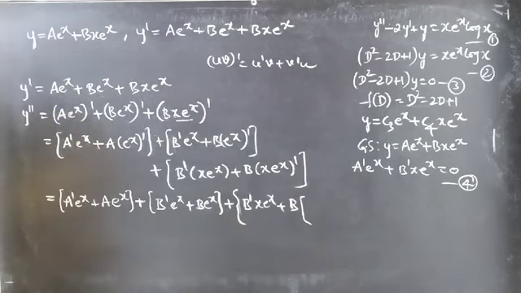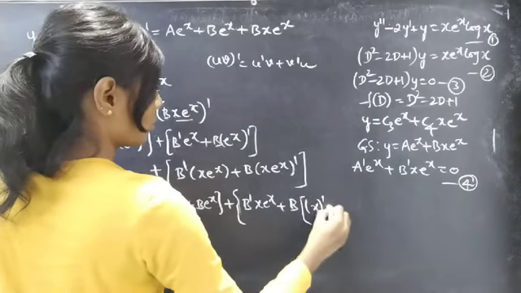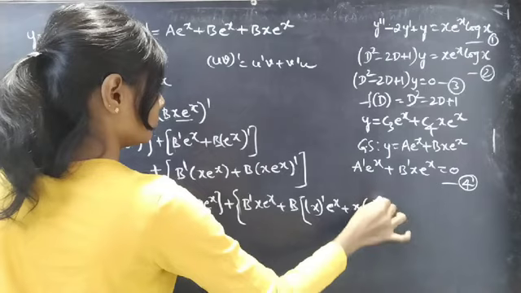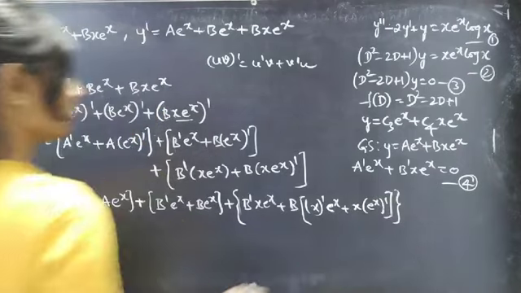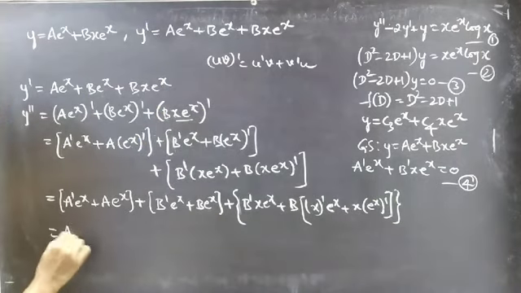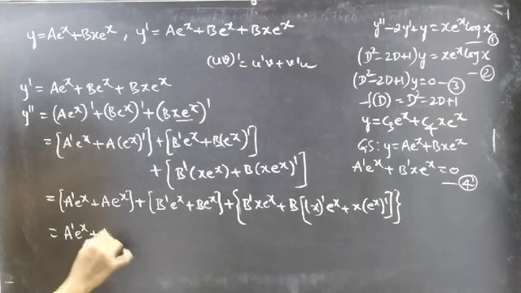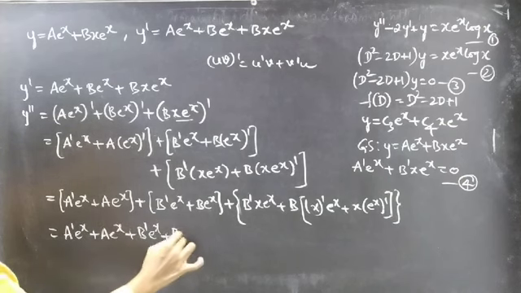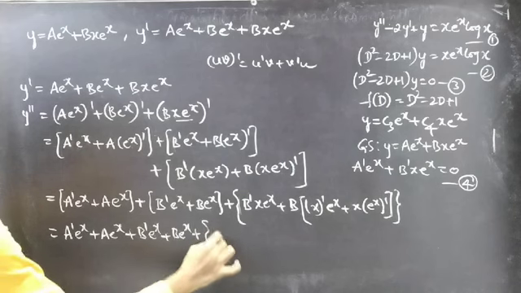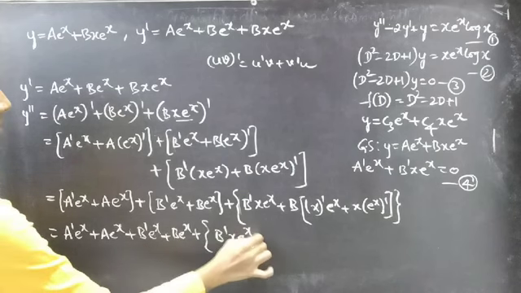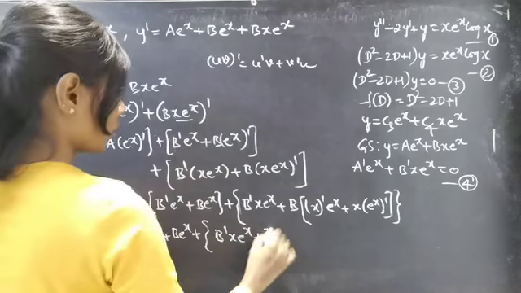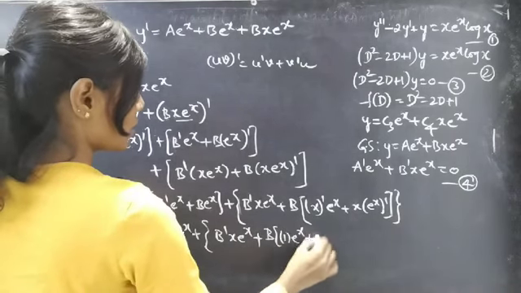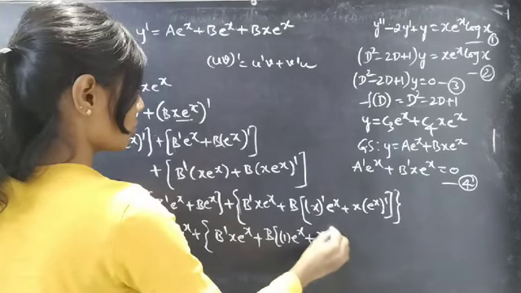the derivative of uv whole dash, which is u dash v plus u into v dash. This gives us a dash e power x plus a e power x plus b dash e power x plus b e power x plus b dash x e power x plus b times the derivative of x with respect to x, which is 1, into e power x plus x into the derivative of e power x, which is e power x.